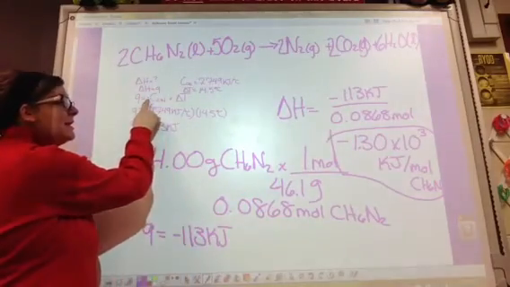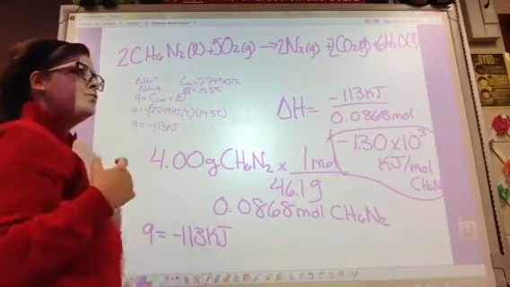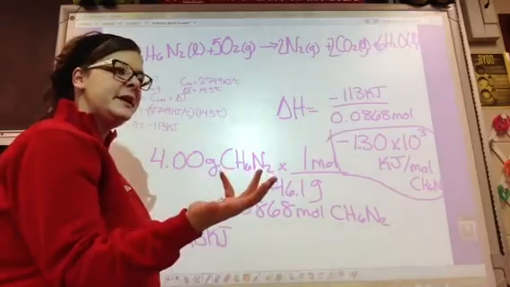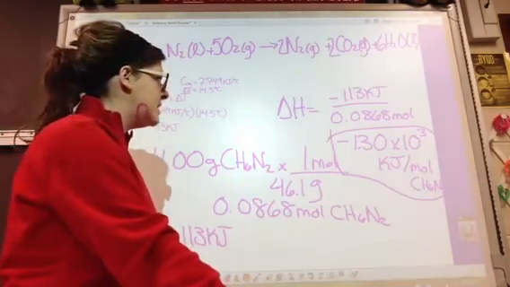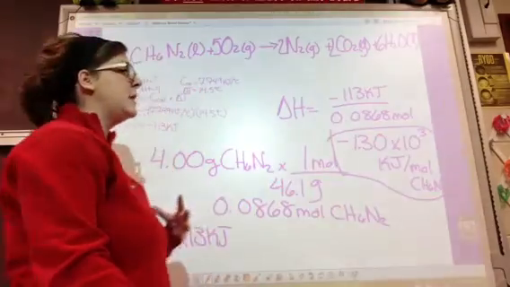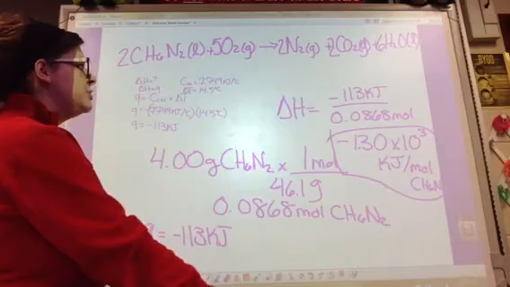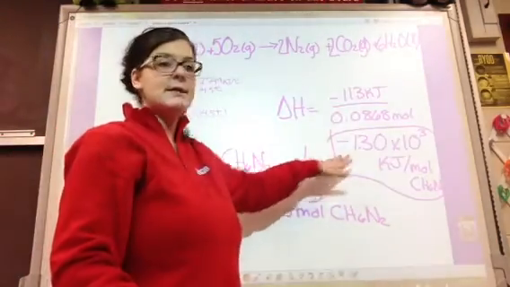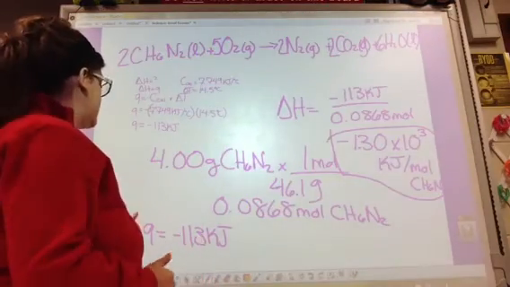So Q would be negative. And when our temperature is increasing, it's because the system is releasing energy. So our delta H value should be negative. That should make sense because that system is releasing energy, so that negative indicates that. So that looks good to us.